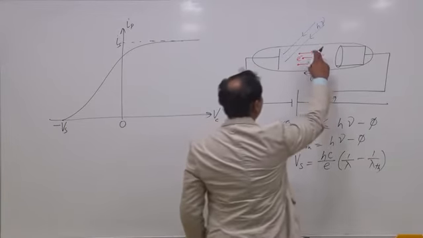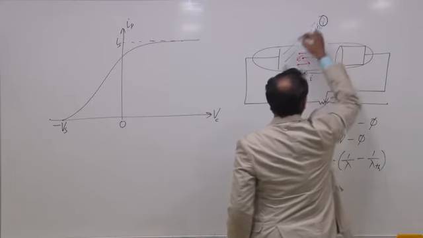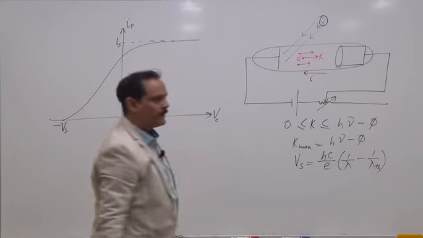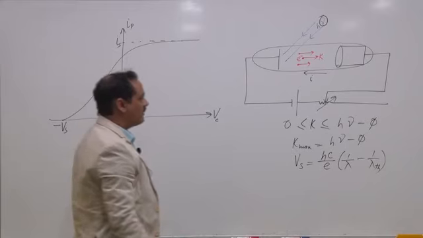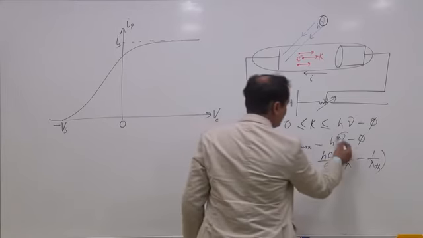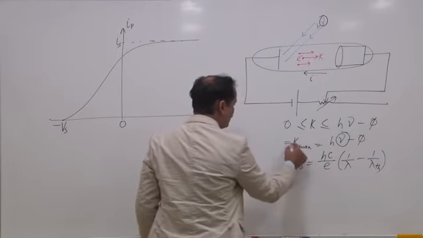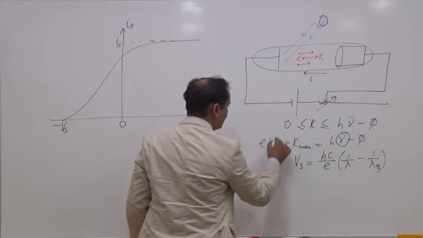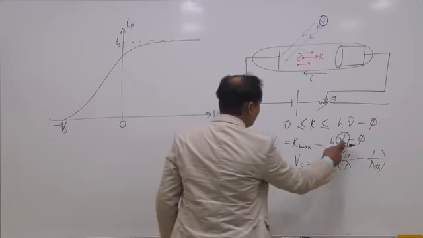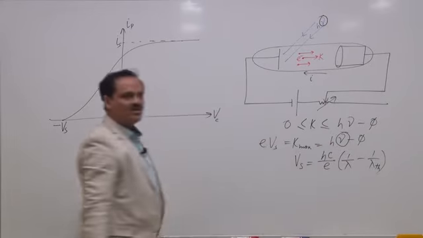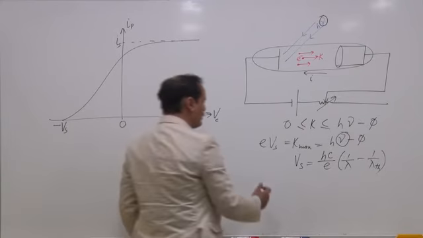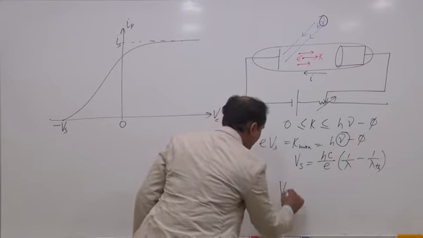Now, if I change the frequency of incident light, if I change frequency nu, we have already seen K max is equal to eVs. So, if I change frequency, stopping potential changes. Let me rewrite the equation.